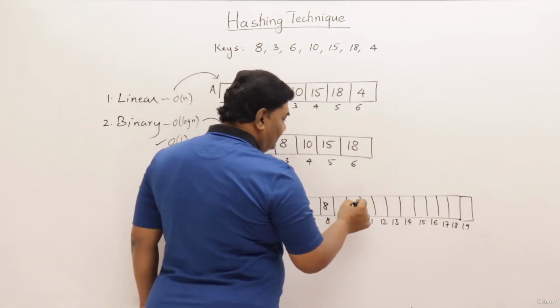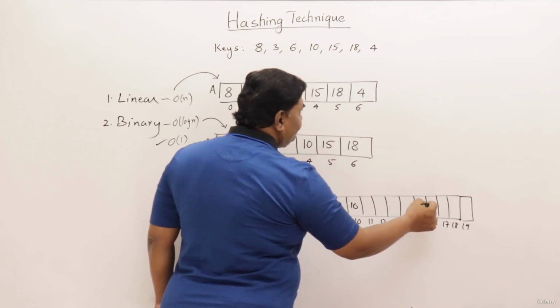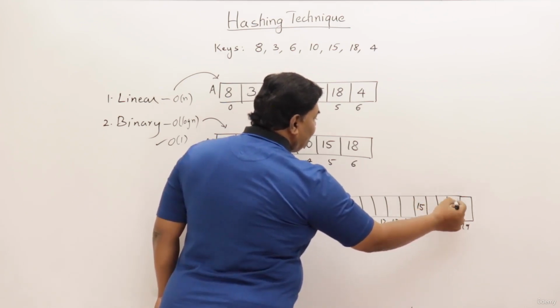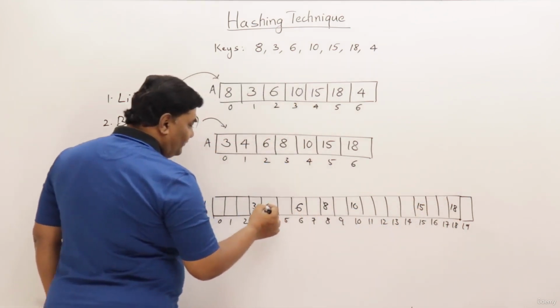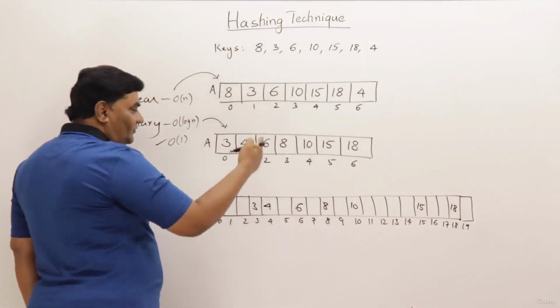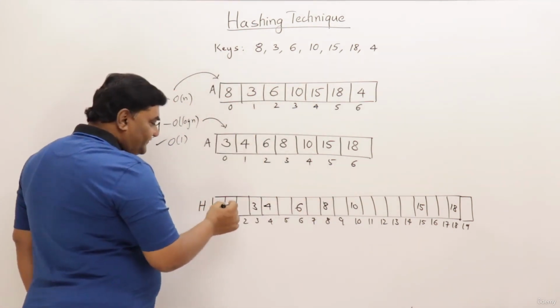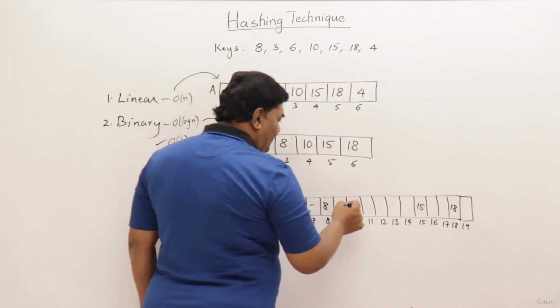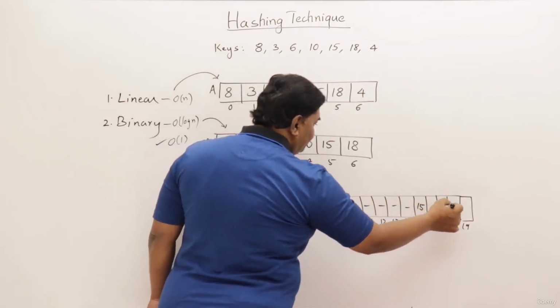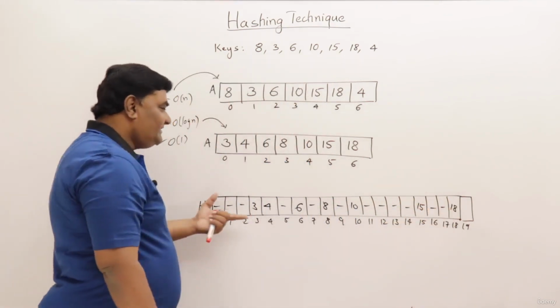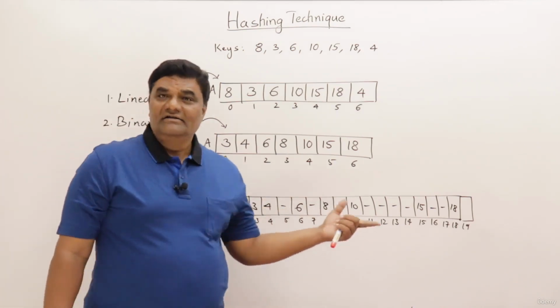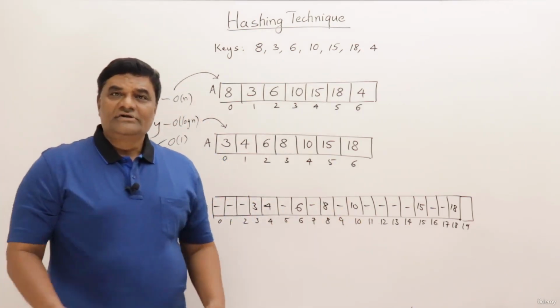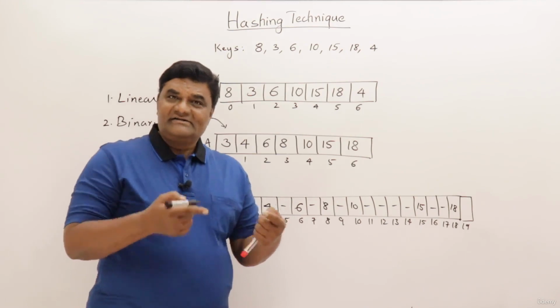Likewise 10, 15, 18, and 4. So each key is stored at the same index. The rest of the indices are empty, blank, they don't have any keys. You can put 0 or -1 there to show that keys are not there. So the key itself is made the index and it is stored there.